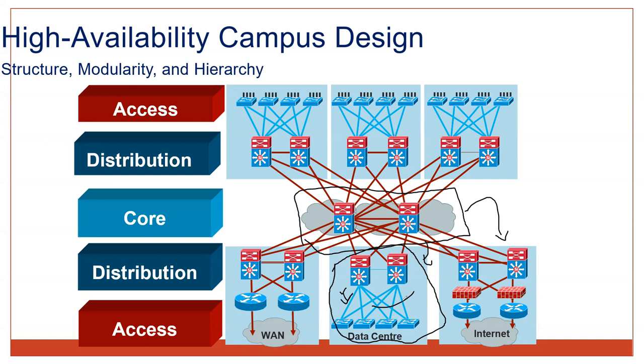So either you use Nexus-based leaf-spine or any non-Cisco leaf-spine, or you can use ACI-based architecture. Either ACI-based or non-ACI Nexus architecture, we are using leaf-spine within the data center.